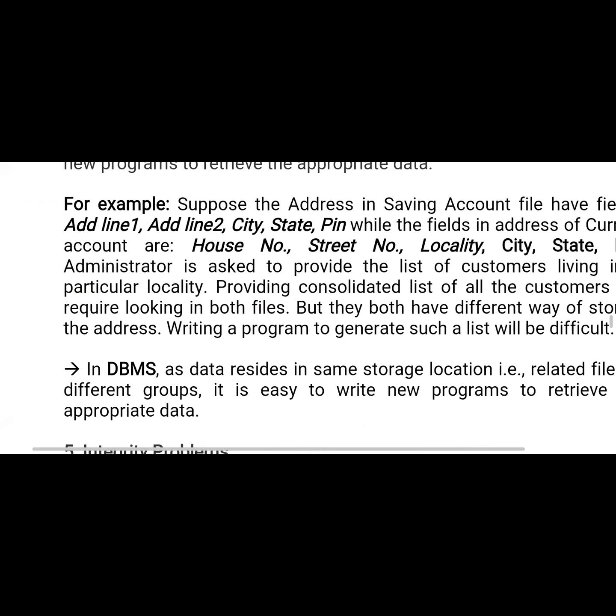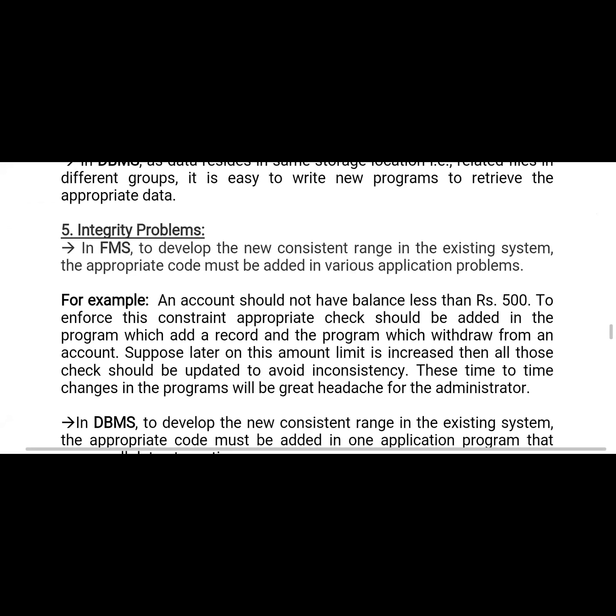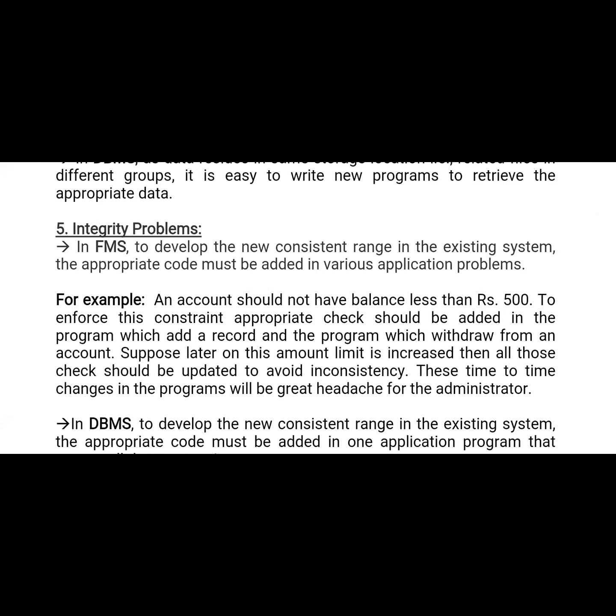If you observe, in a file management system, to introduce a new constraint in the existing system, the appropriate code must be added to various application programs. For example, consider a banking application where we change a condition: each and every customer should maintain a minimum balance of 1,000.